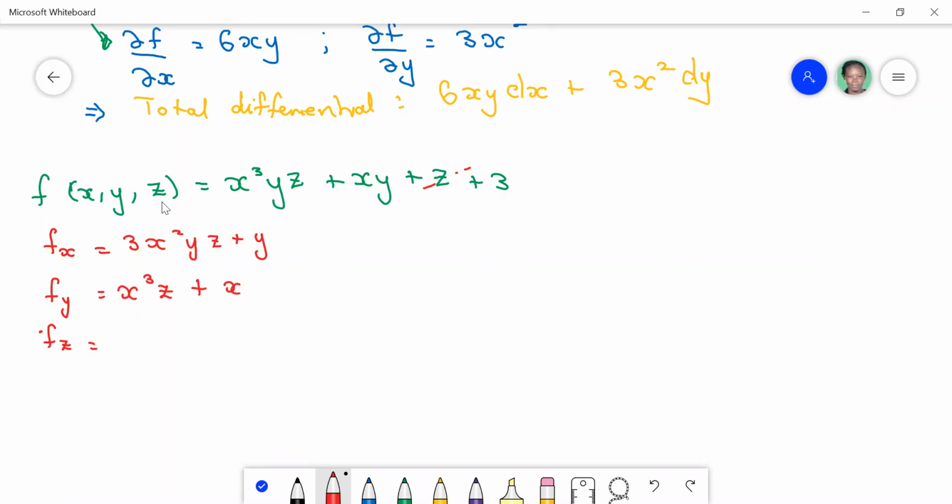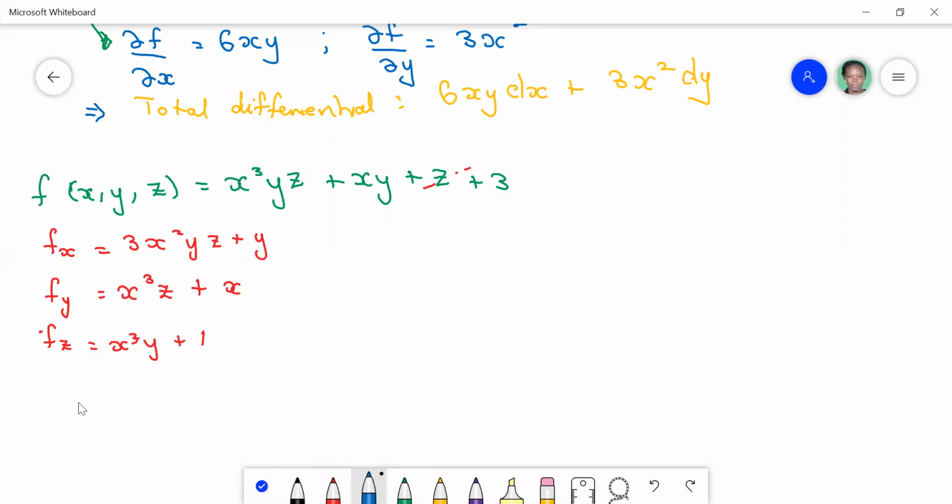Then with respect to z, I have x³y, plus, there's no variable here for z, so it goes to 0, plus 1 for this part, and this goes to 0. So that's my partial derivatives for the total differential.